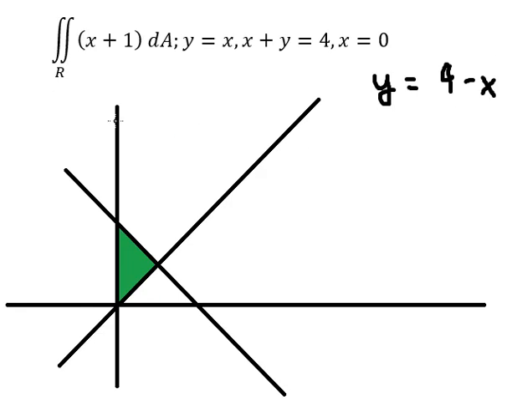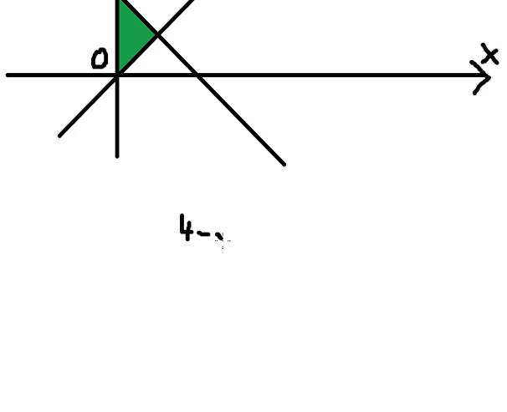So we have y and x. So we need to find the intersection in here. This one is for y equals 4 minus x. This one is for y equals x.